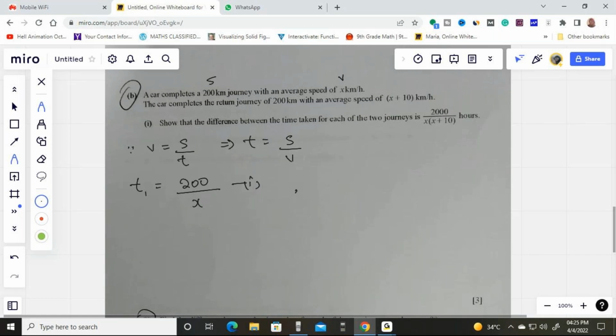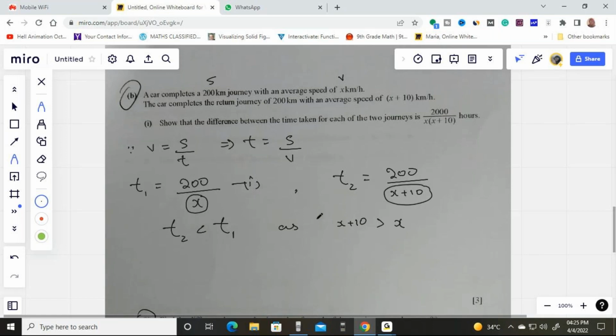In the same manner, when you are returning, the time you consumed is T2, and this time it is 200 upon (x plus 10). So you see here the denominator is x, here the denominator is bigger than x. So this shows that T2 is less than T1, because x plus 10 is greater than x.